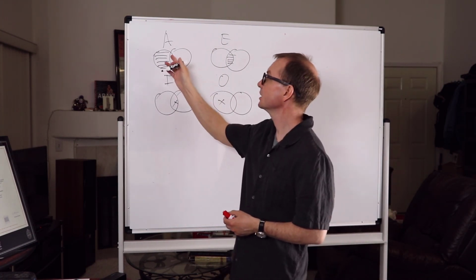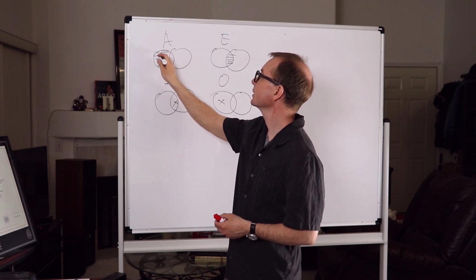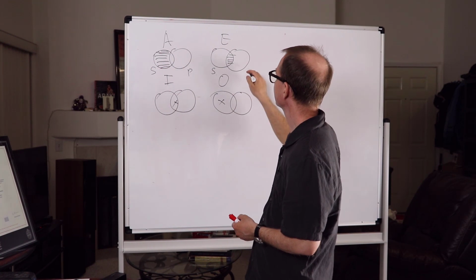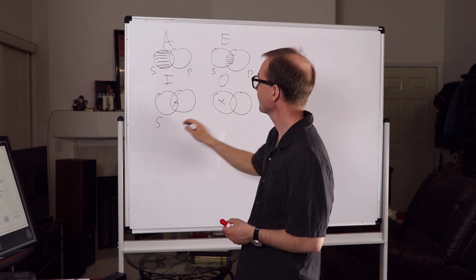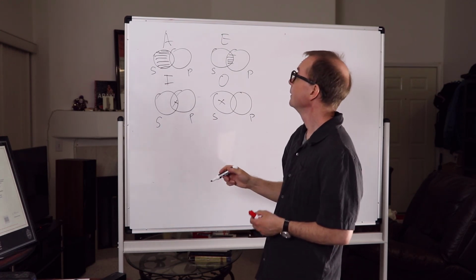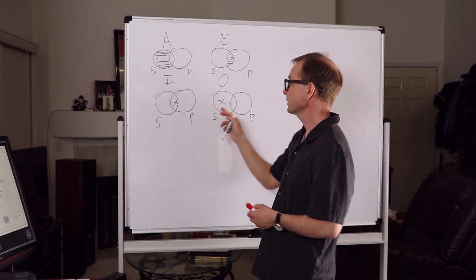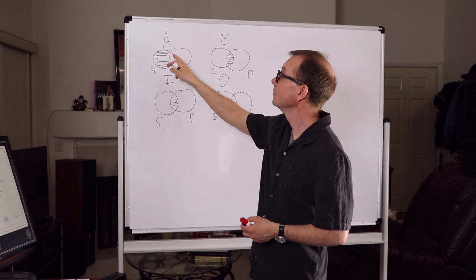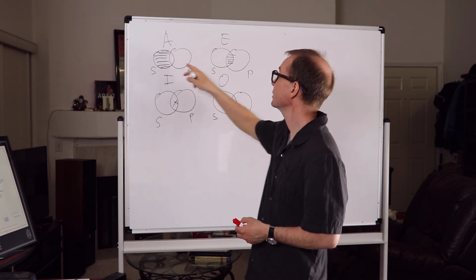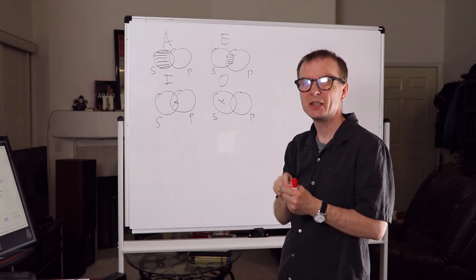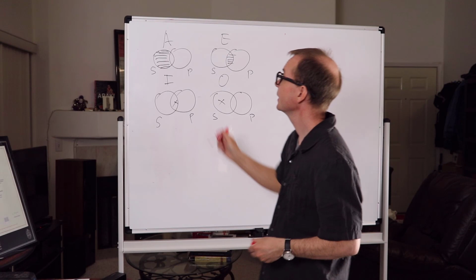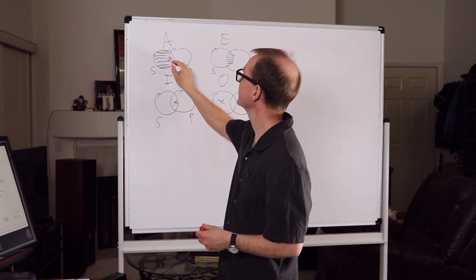They actually mean that this part is completely blocked. There cannot be anything there. This is your subject term, predicate term. There's at least one thing here. There's at least one thing here. Now, from the Boolean standpoint, we don't actually know whether there is anything here or here, but if we go with Aristotelian, we do have to assume something there, and for that we put an X with a circle.